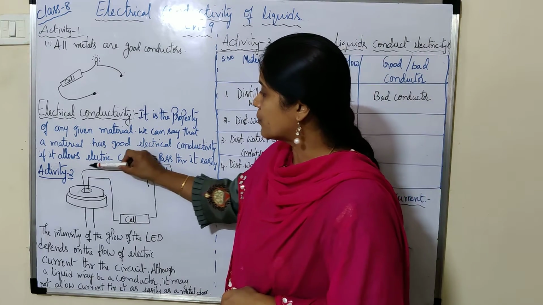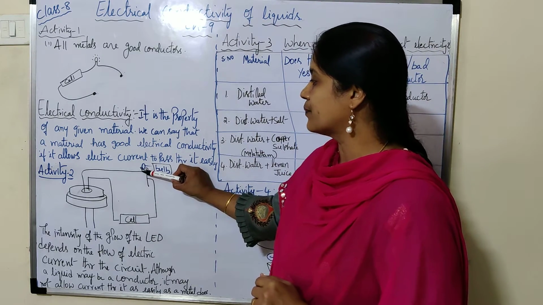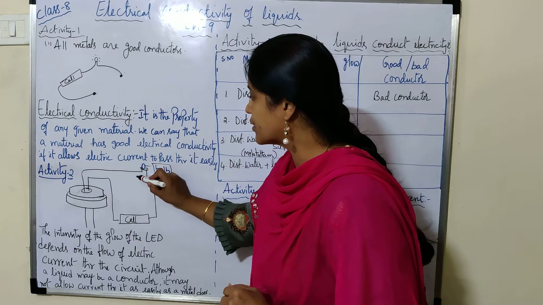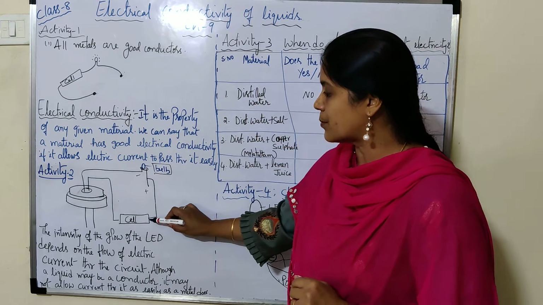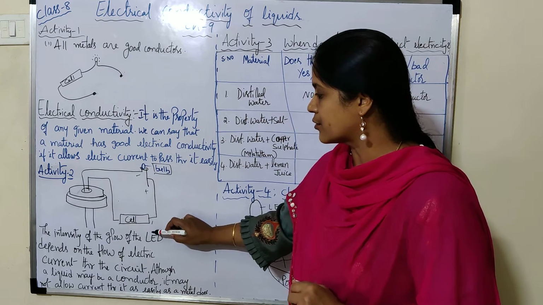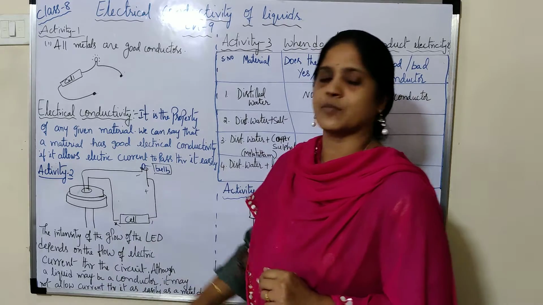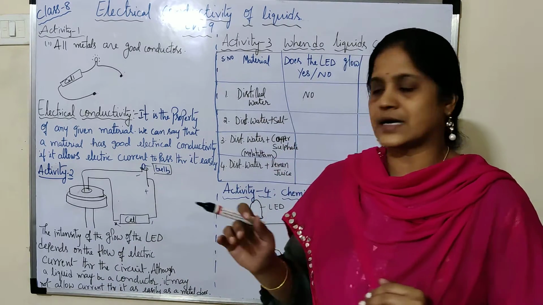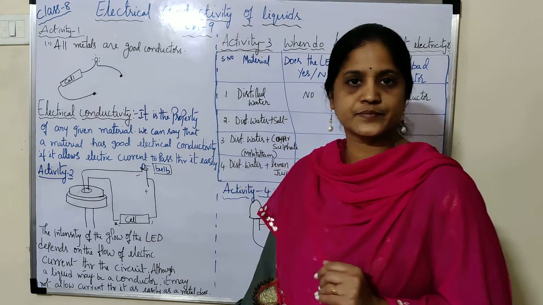To one of the metal pins we give the connection to the LED bulb's negative terminal. This is the negative terminal and this is the positive terminal. From the positive terminal to the battery negative, and then from positive again to this terminal. Like that we have to give the connection. Then the circuit is ready.